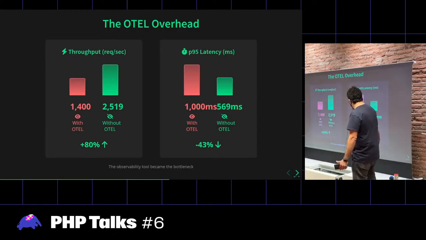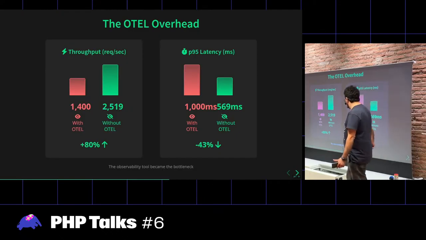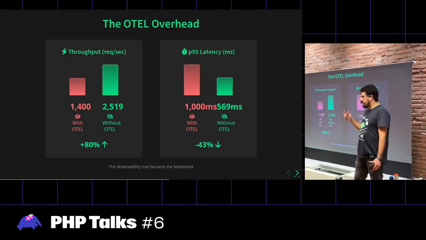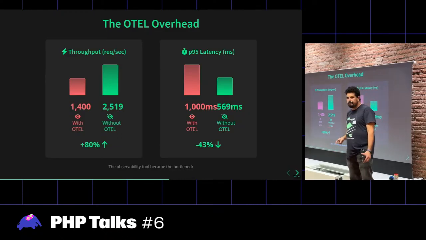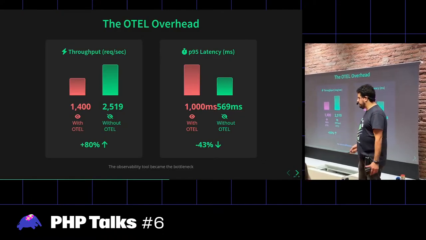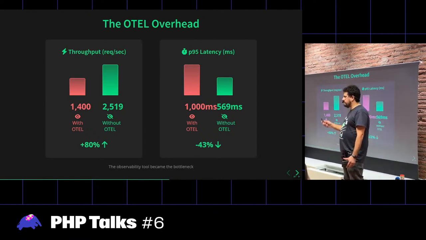I lost 43% of performance only for using OpenTelemetry. Why? Because OpenTelemetry with auto-instrumentation is the devil, always sending the traces, all the time. If you don't configure the processor properly, the batch processor in this case, if you want to reduce the amount of memory, it will hit, because the batch processor is sending the traces all the time.